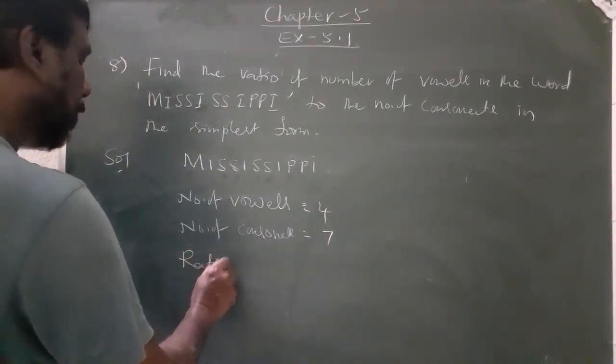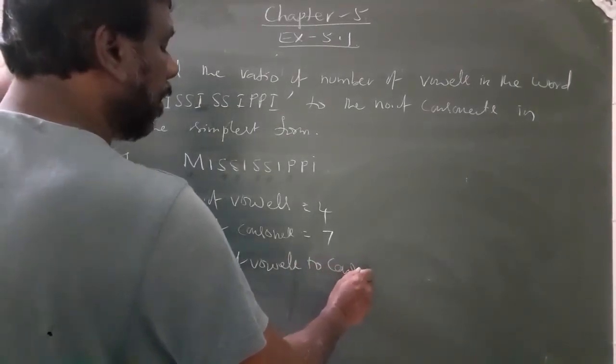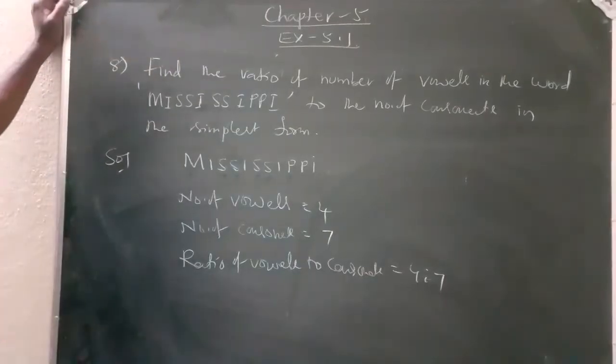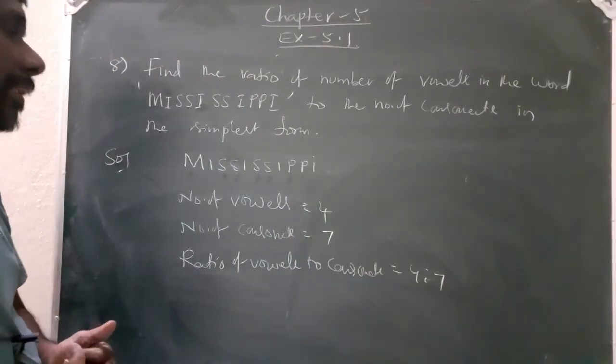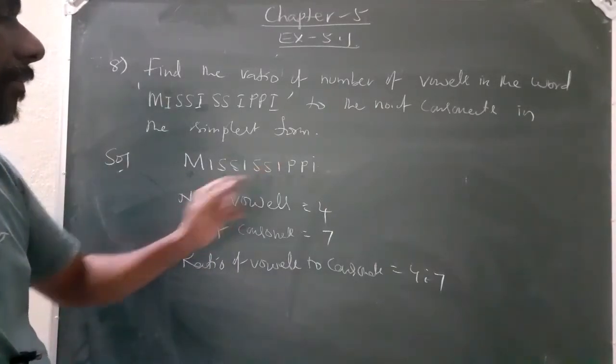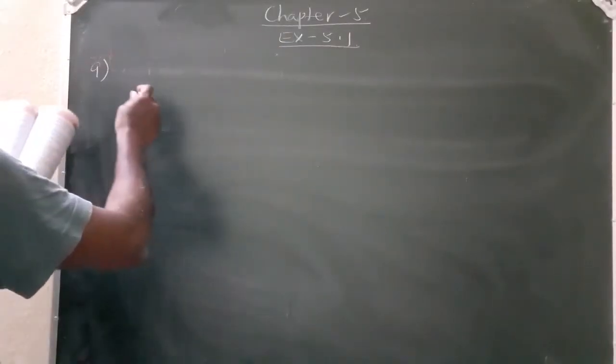So ratio of vowels to consonants is equal to 4:7. So like that you have to find out. Okay. So ninth sum here.